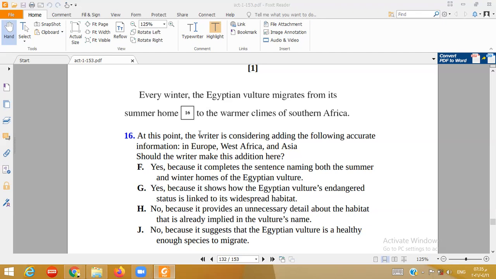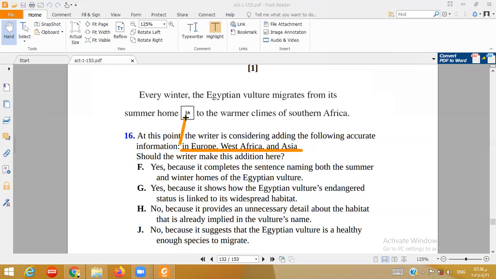Okay, so here in number 16, the writer wants to add more accurate information. Specifically, he wants to put in Europe, West Africa, and Asia. So he wants to put that line here in number 16.